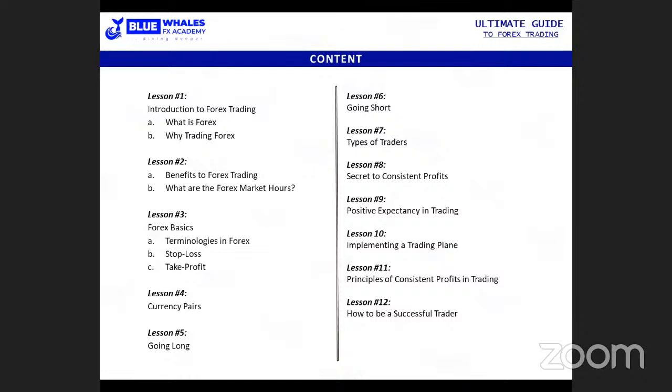And session 4 starts with currency pairs, going long, going short, types of traders, secret to consistent profits, positive expectancy in trading, implementing a trading plan, principles of consistent trading, profit in trading, and how to be a successful trader. This is going to be in 4 sessions, and we are going to cover lessons 1 to 3, and a little bit about lesson 4, currency pairs.